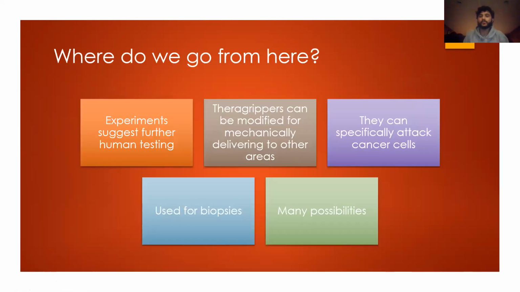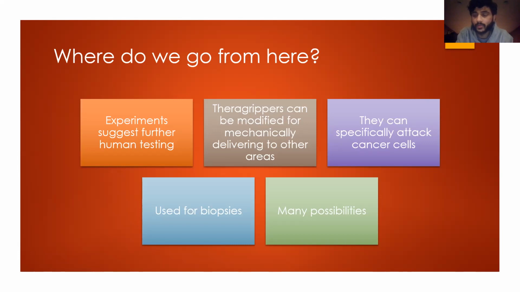So where do we go from here? Well, the 2 experiments on the rat and the pigs suggest that we should test it in humans. What if we can modify Theragrippers to go to more than just the GI tract? What if they can cross the blood-brain barrier and help patients with brain disorders like Parkinson's or any other type of encephalopathic disorder?